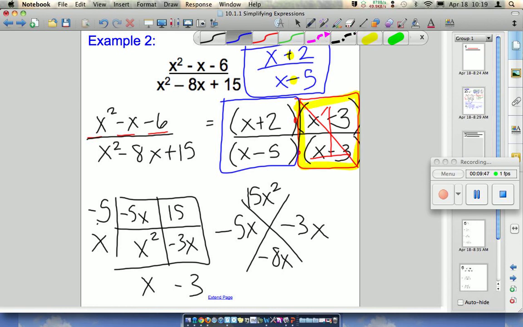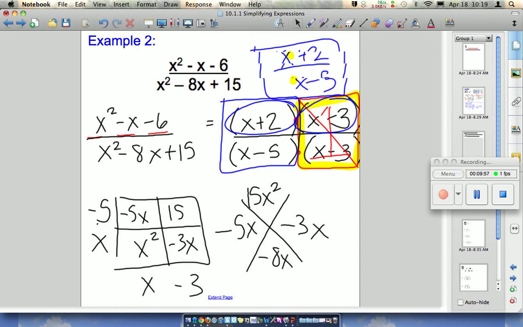And we had this thing times this thing. And that means it's a product on the top and on the bottom. So I cannot cancel any further in this problem that you saw here because it does not have a product on top and bottom. It has a sum, x plus 2, and a difference, x minus 5, in the numerator and denominator.